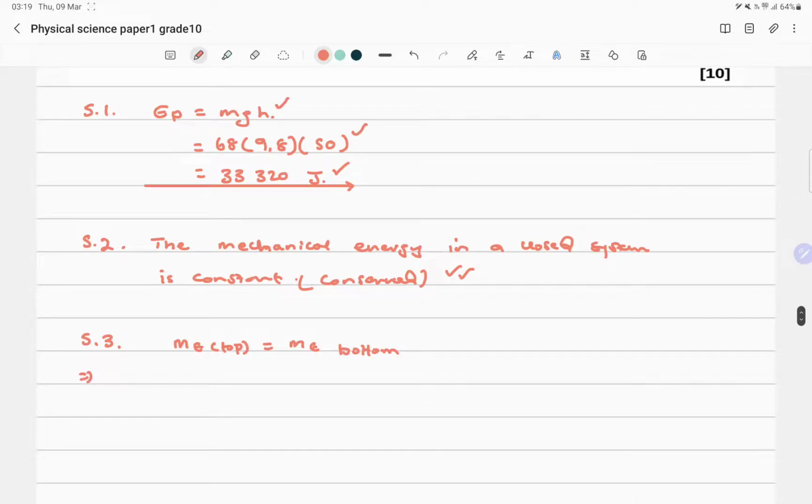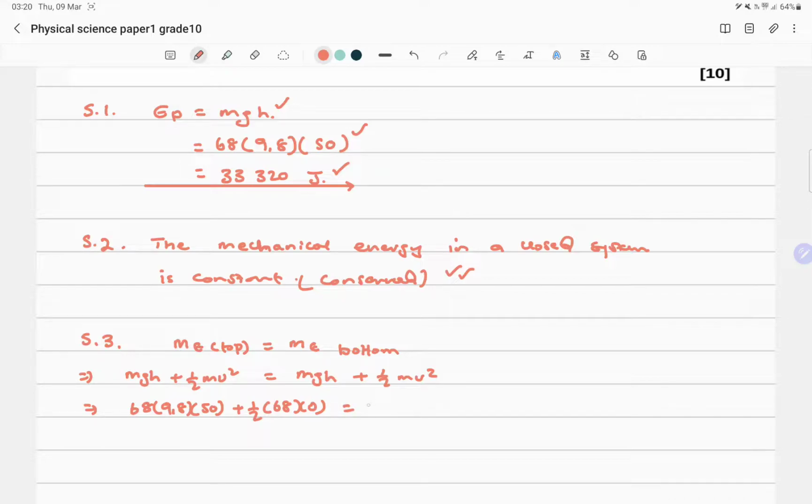But just for the sake of being complete, we're going to say mgh plus half mv squared equals mgh plus half mv squared, okay? Which implies now we've got 68 into 9,8 into 50 plus half into 68 into 0, because there's no kinetic energy at the top.